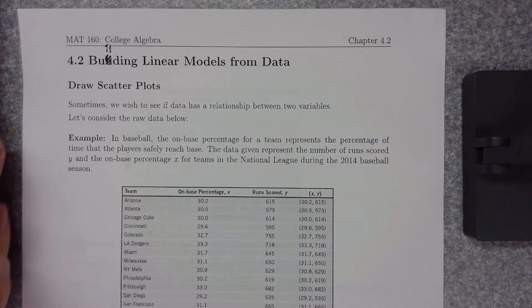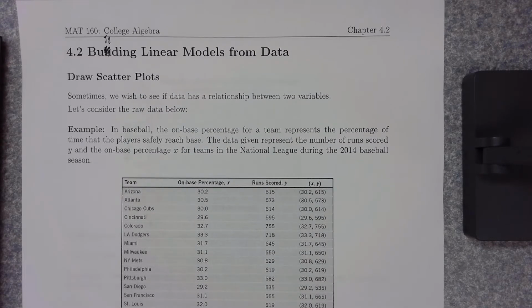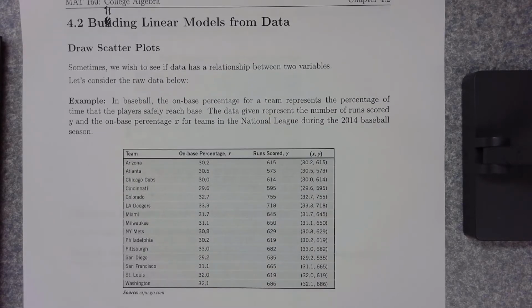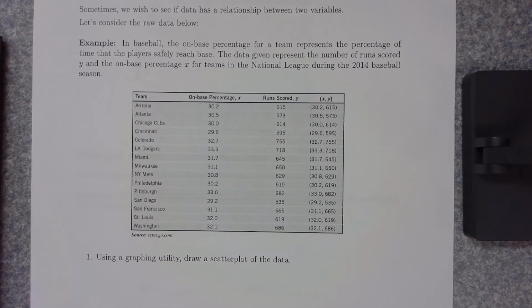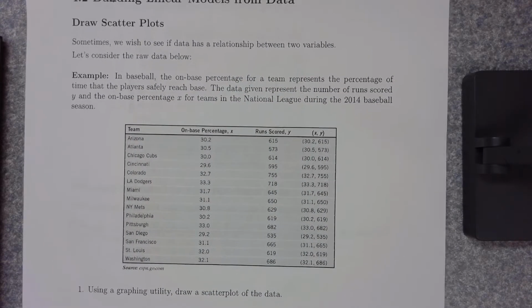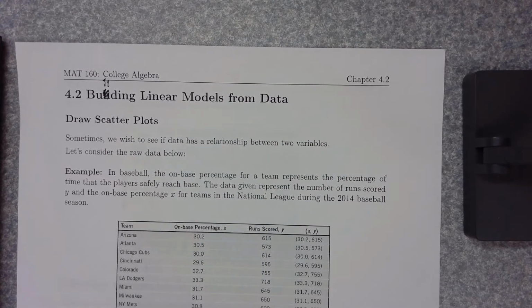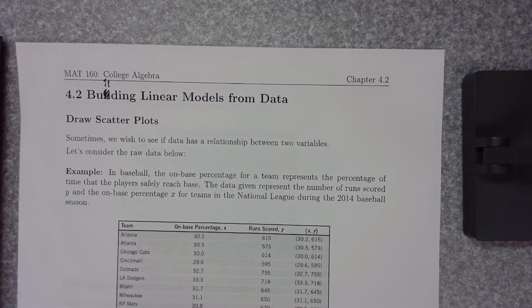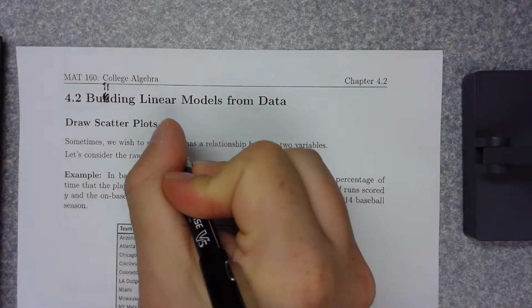So scatter plots. What is a scatter plot? Well, if we have raw data, like we do in this example here, and in any other kinds of examples that involve raw data, usually you want to draw a scatter plot.